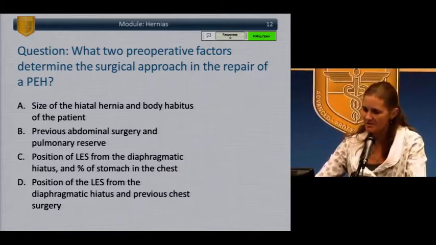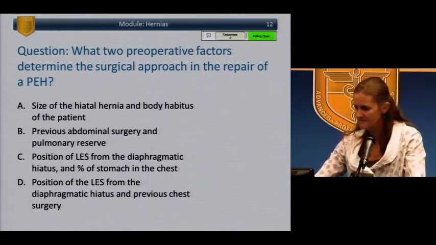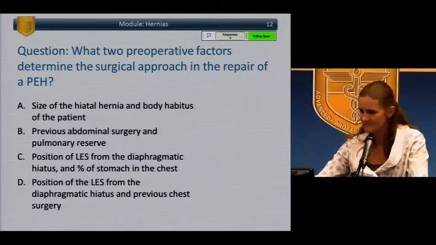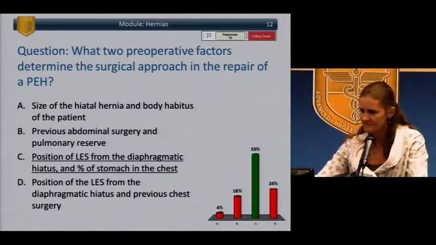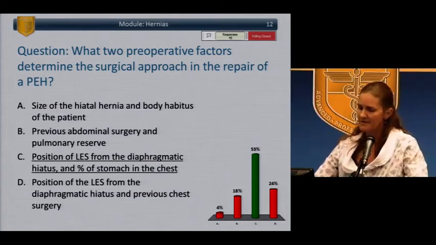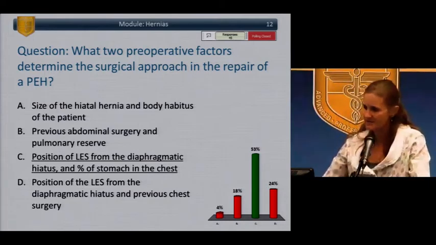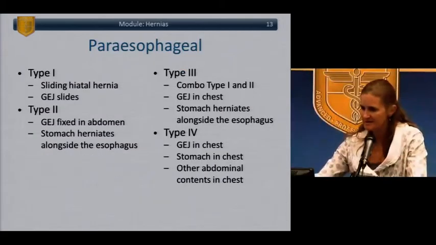D, the position of the lower esophageal sphincter from the diaphragmatic hiatus and previous chest surgery. And the answer is position of the lower esophageal sphincter from the diaphragmatic hiatus and evaluating the percentage of the stomach in the chest.